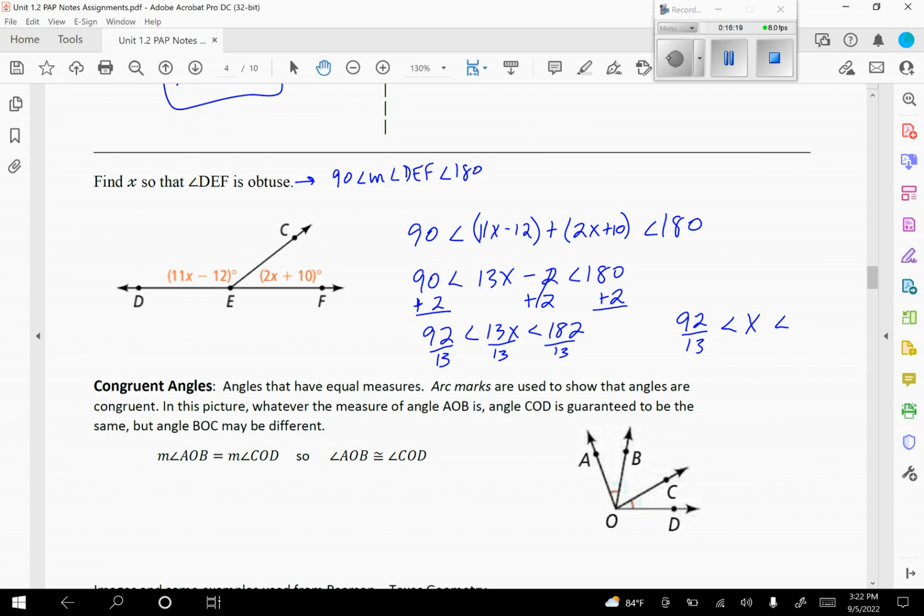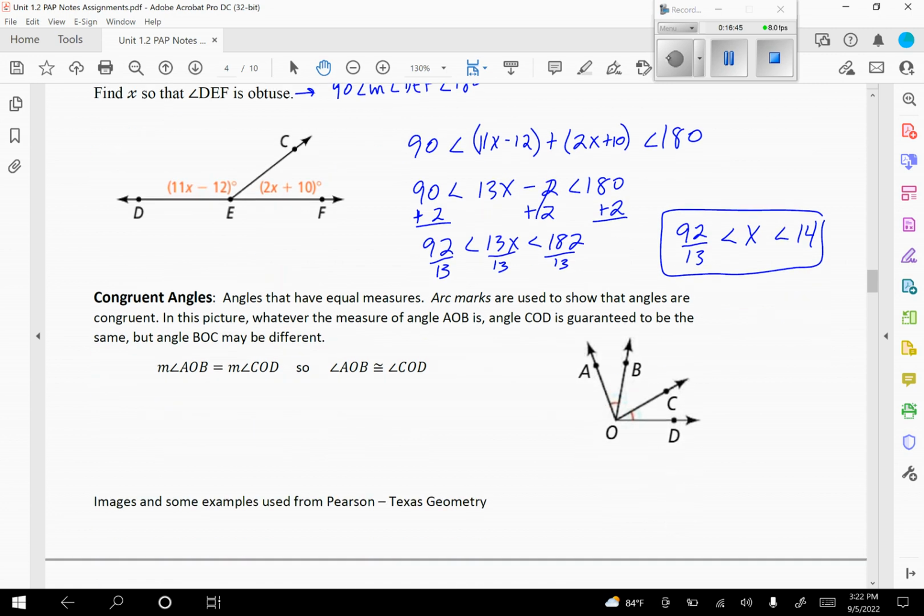You know, that's going to be just as wild. Oh, actually, 182 divided by 13 is 14. So x has to be between 92/13 and 14 in order for this to be an obtuse angle, meaning that it is greater than 90 but less than 180. So again, that's one of those pre-AP problems.